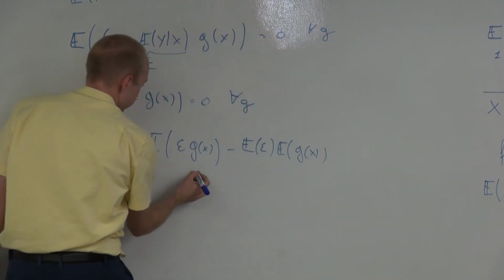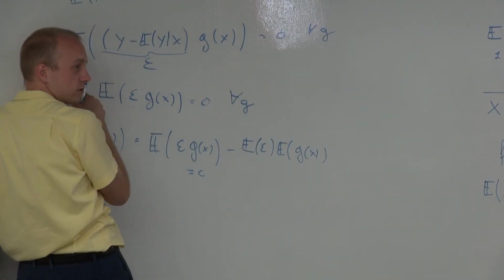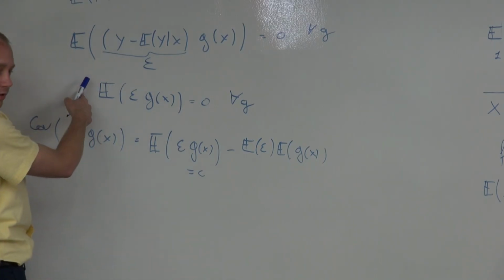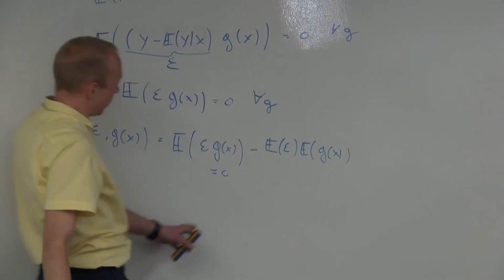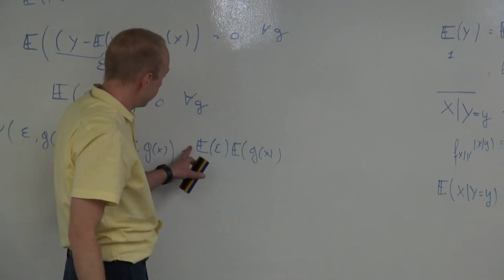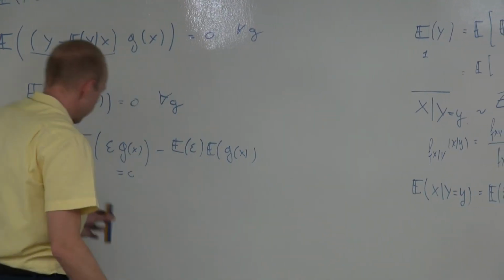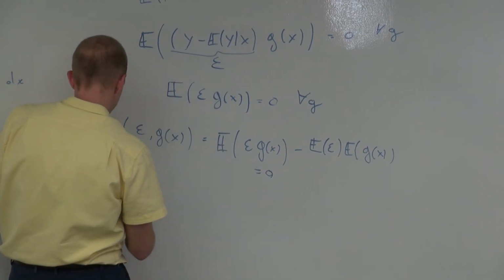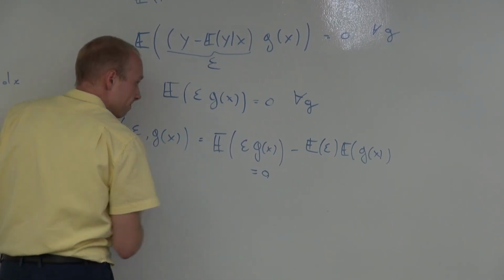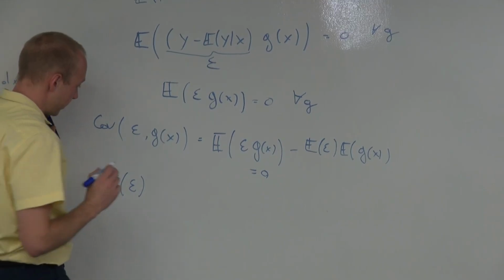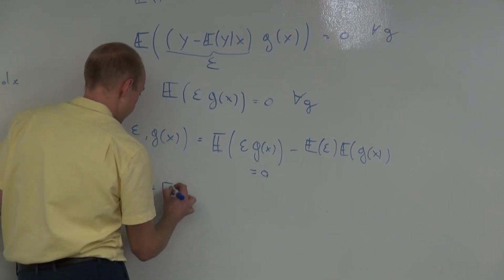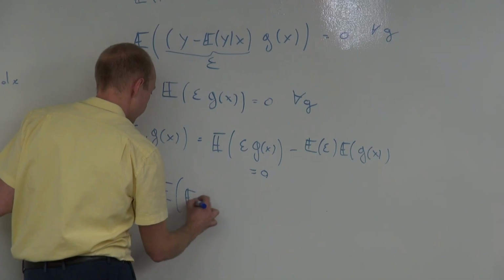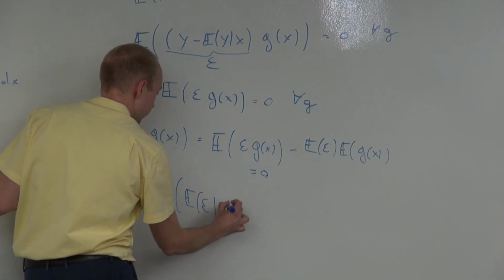This last term is 0 because this is a condition that the conditional expectation satisfies. What about the first term? It depends on g and also on x, but you apply the law of iterated expectations again and write it in this way.